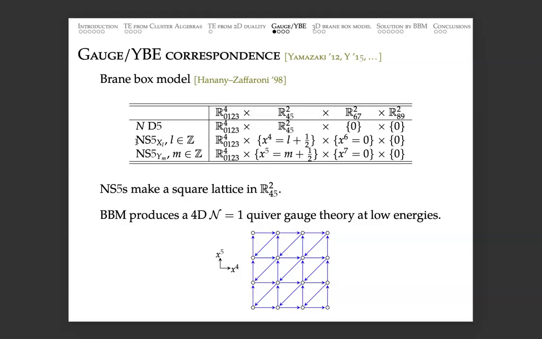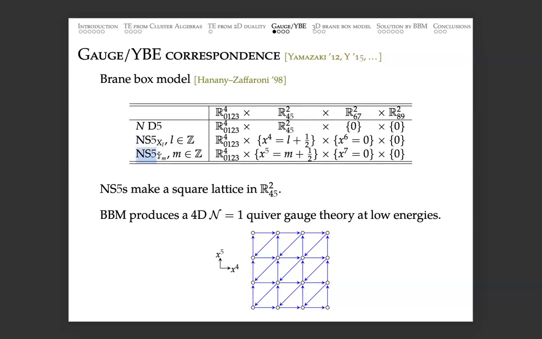One type of NS5 branes, which I call NS5_X^L, where L runs over integers, extends in the same R^4, 0, 1, 2, 3 directions, but also extends along the x5 direction in the R^2, 4, 5 and the x7 direction in the R^2, 6, 7, and is supported at the origin in the 8, 9 direction. So that's NS5_X^L, because it goes in the X direction.